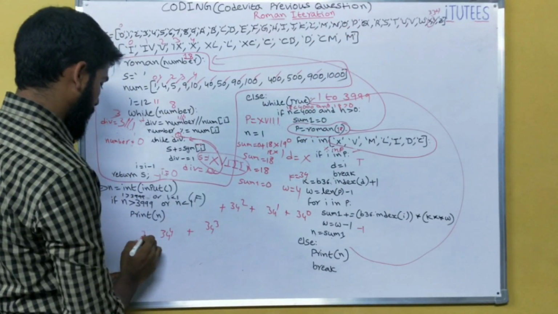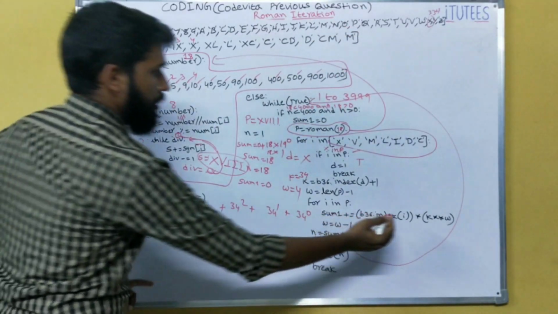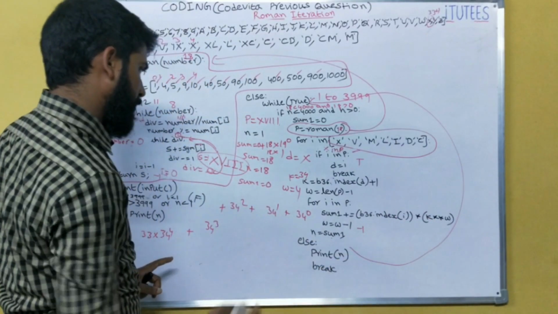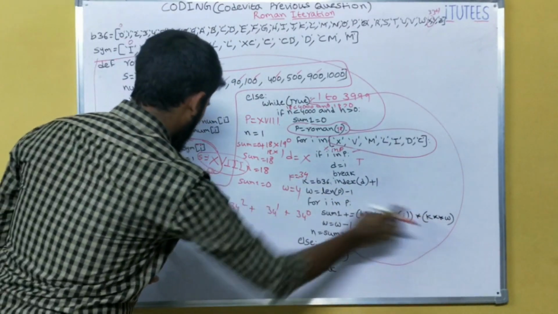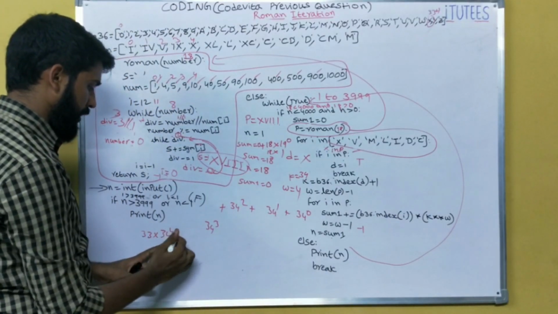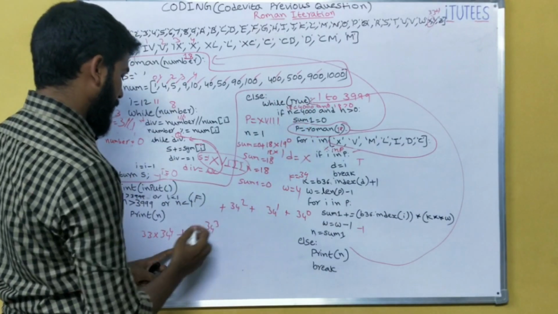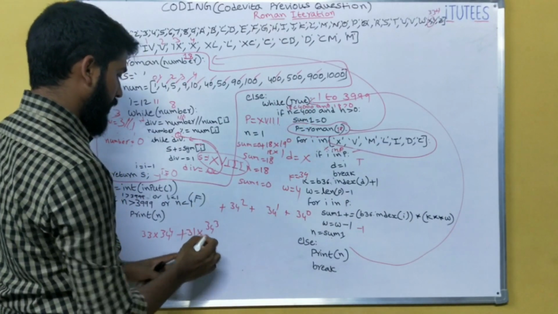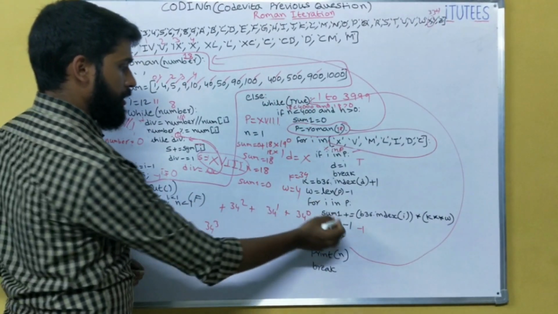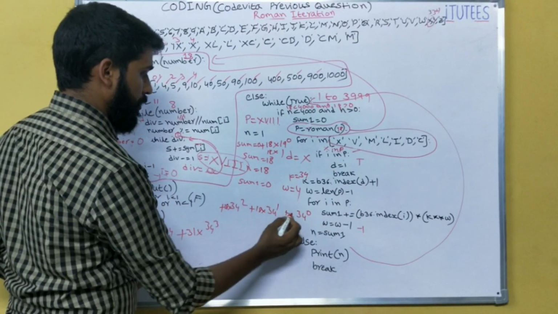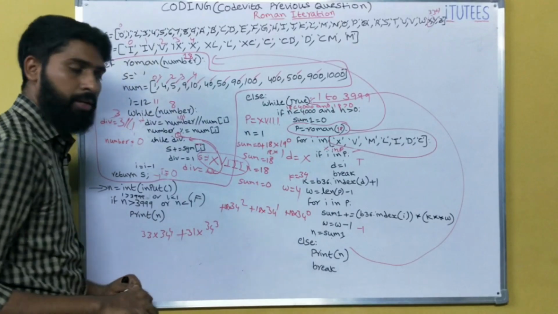It is 33 into 34 power 4. Next, plus V. So V index is 31 into 34 power 3. So next iteration it becomes 18 into 34 power 1, 18 into 34 power 0.